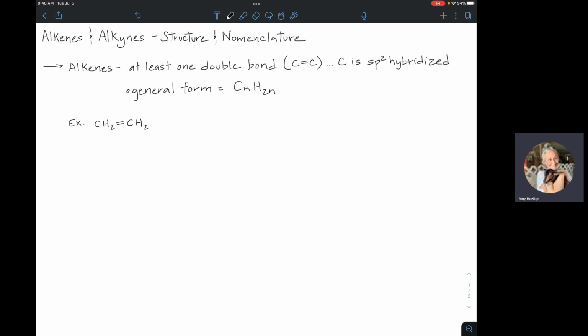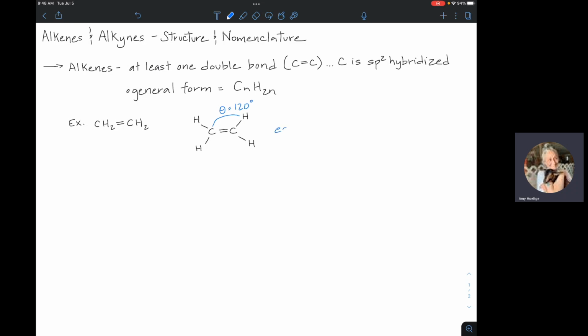So if we want to expand the structure, we have our carbon-carbon double bond, and then each carbon is bonded to two hydrogens, and theta here is 120 degrees, right?